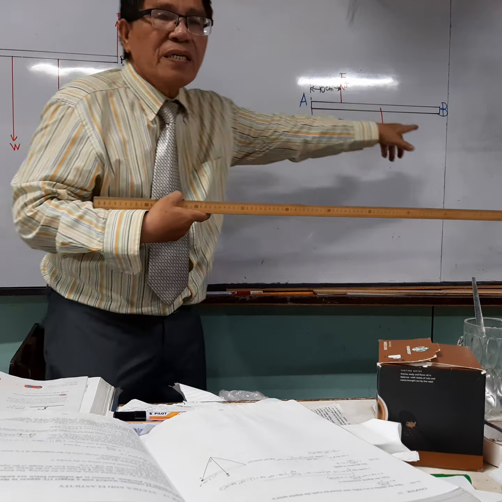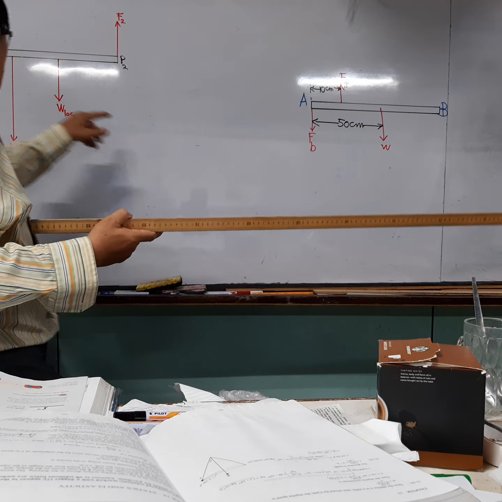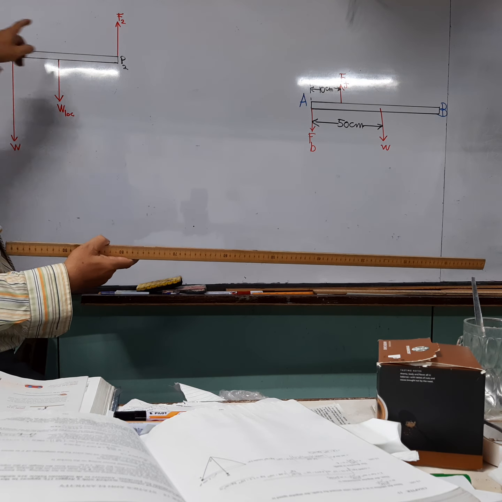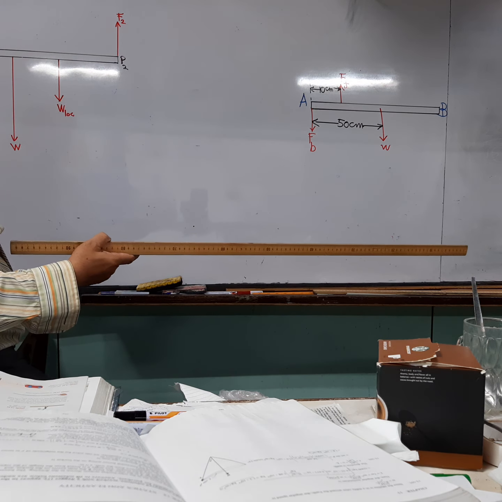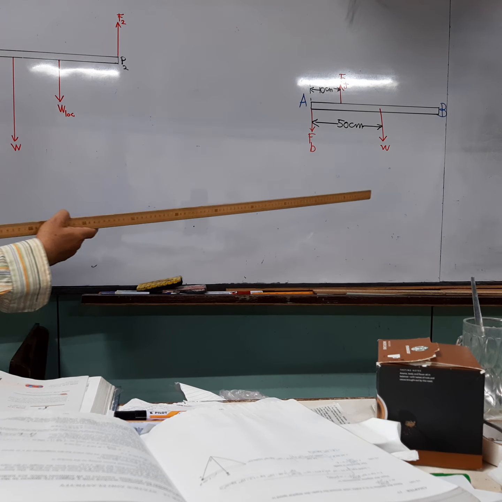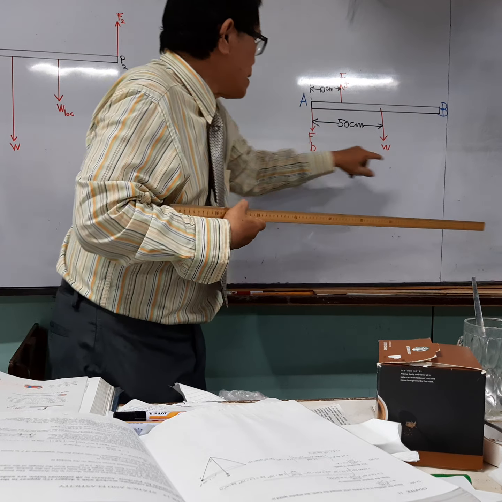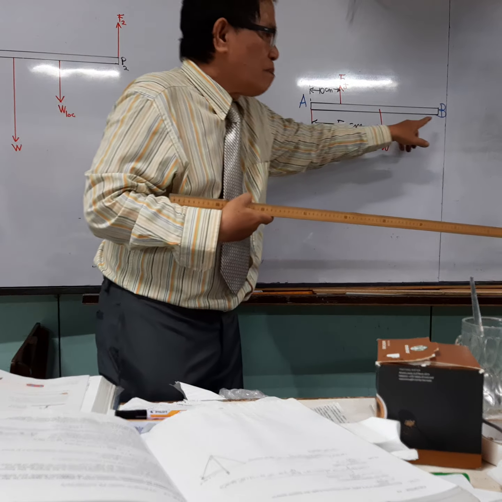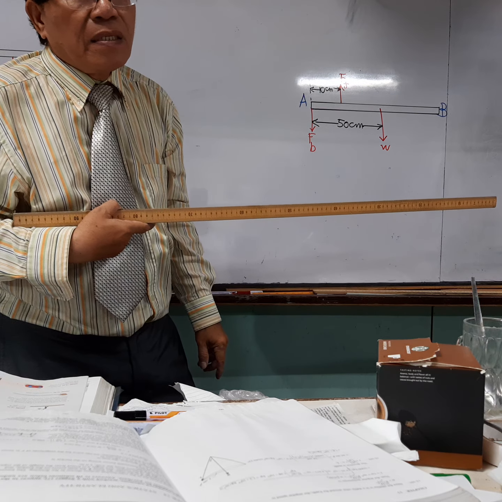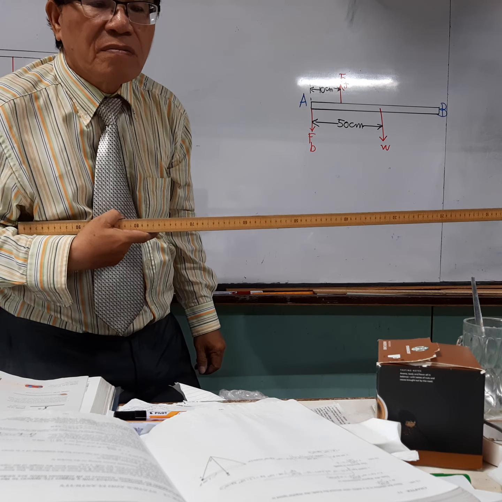Now, A and B, we call those the pivot points. In the next problem, instead of writing A, I write P1, P2, pivot point 1, pivot point 2. But generally, we can also have these as A and B. When we say pivot point, it is actually the axis of rotation.